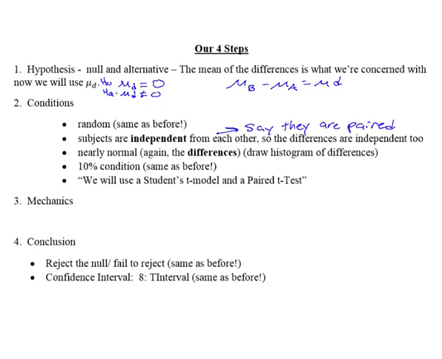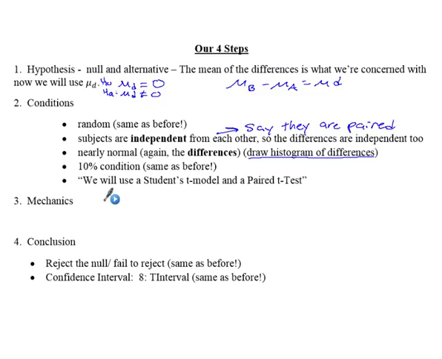For the nearly normal condition, we're focused on the differences, so you really only have to draw one histogram, and that histogram is going to be your mu sub d list. The 10% condition is the same as before. We can say that the subjects are less than 10% of all people that exist, and then we'll use a student's t-model and a paired t-test.